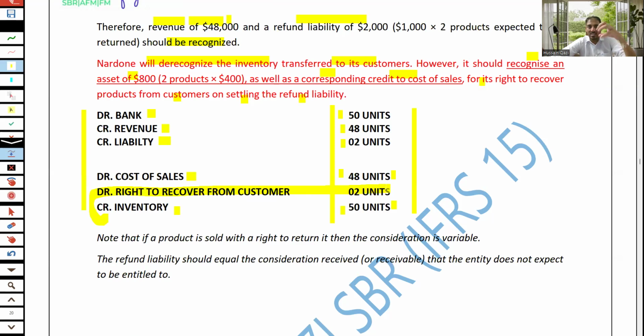Otherwise, if I say cost of sales debit, inventory credit for 48 units, okay. But here the standard says that because inventory has already transferred to the buyer, all inventory should be credited. The inventory matched with the revenue, that's 48 units, should be charged to cost of sales, and the remaining 2 units of inventory should be transferred to the asset named right to recover from customer.